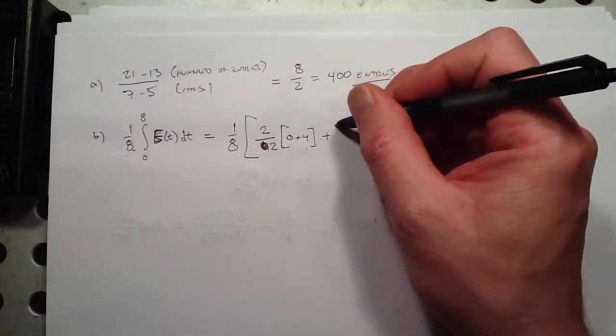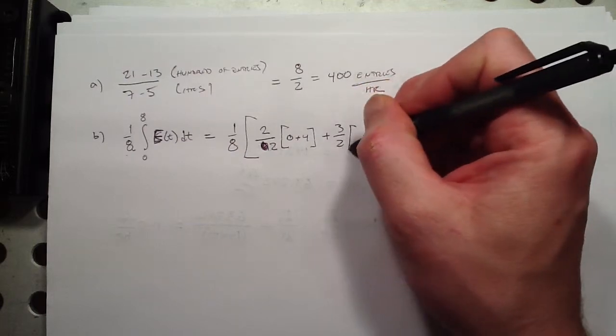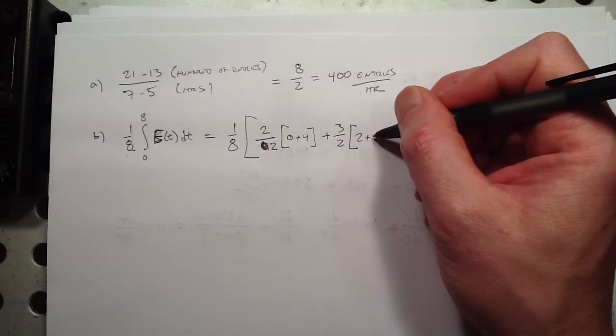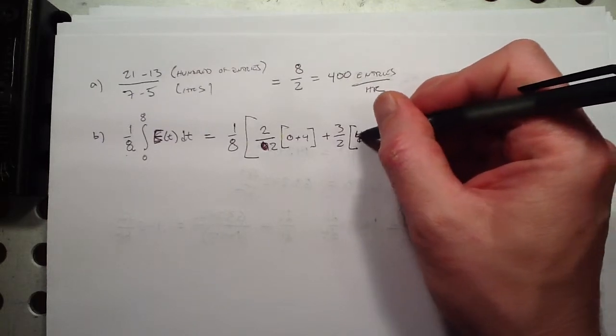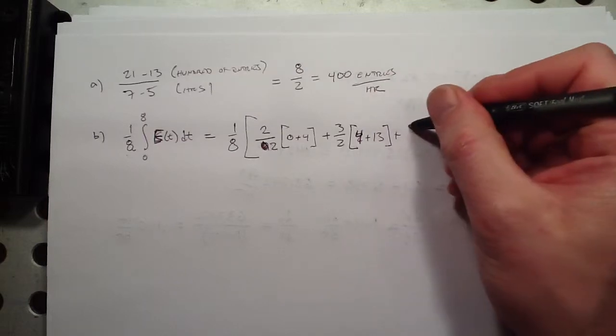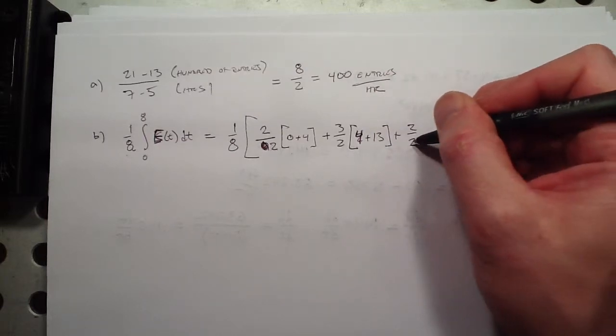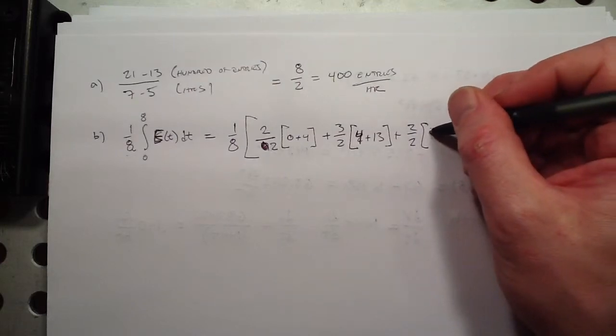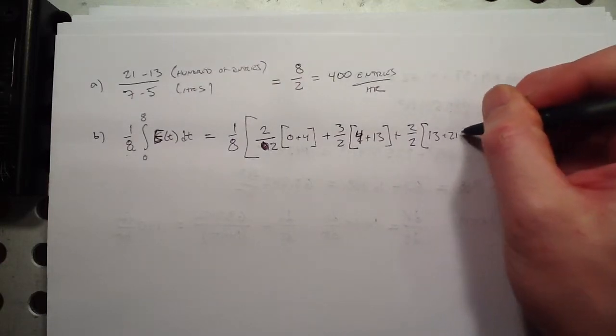And the next one is 3 wide. And then it's 4 and 13. And the next one is 2 wide again, over 2. They're always over 2. And that's 21 and 13.